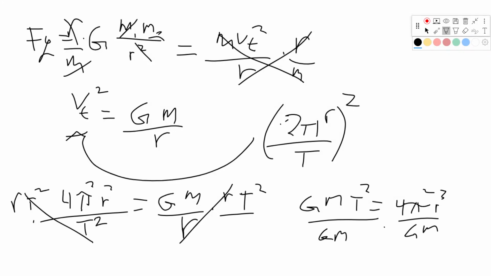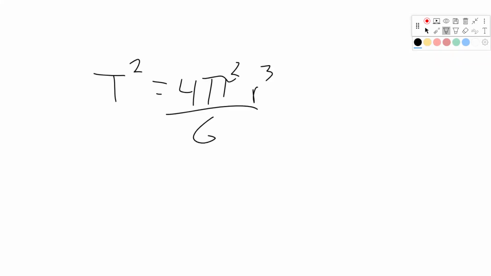And the result that we get from all of this is going to be T squared equaling 4 pi squared r cubed over GM.